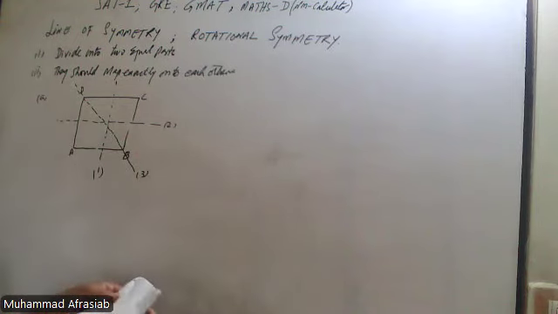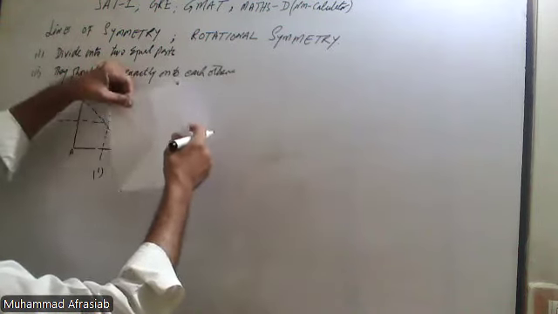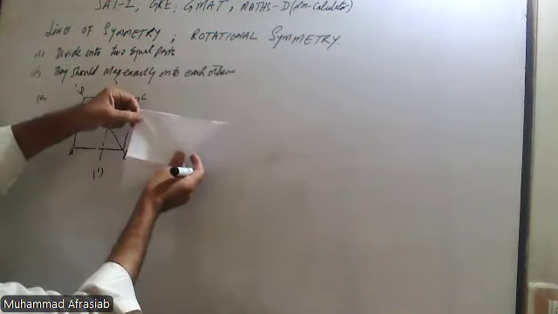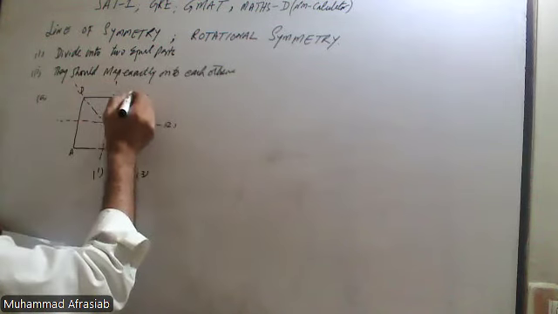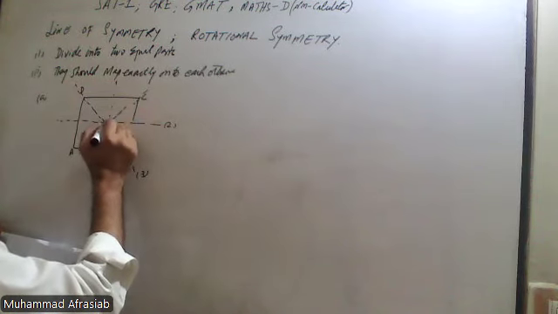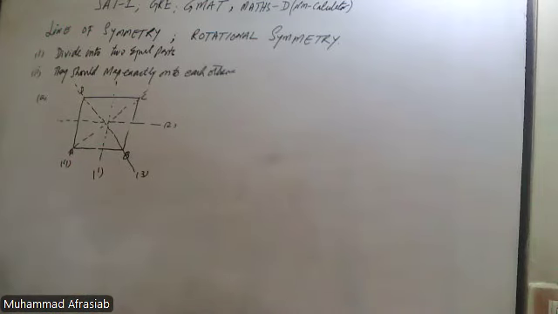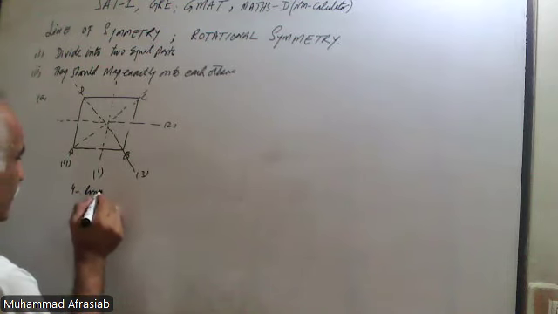And if you fold it about the other line, then it is also mapping onto each other. So this is the fourth line. So we see that there are four lines of symmetry for the square.